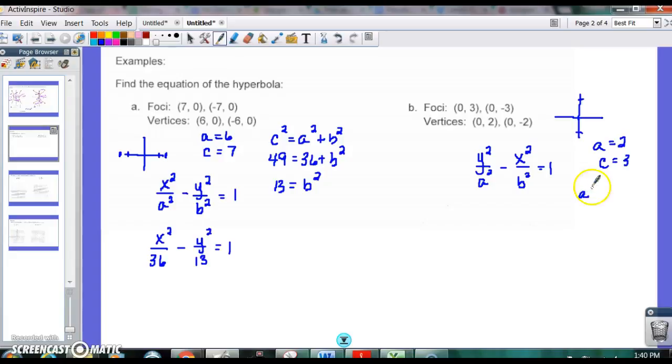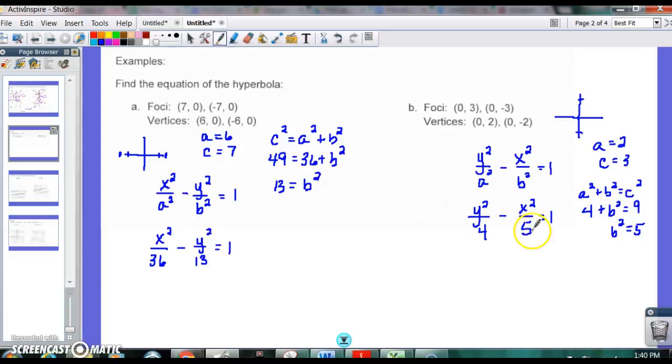So a squared plus b squared is equal to c squared. 4 plus b squared is equal to 9, so b squared comes out to be 5. And so when I plug that in, I have y squared over 4 minus x squared over 5 is equal to 1.